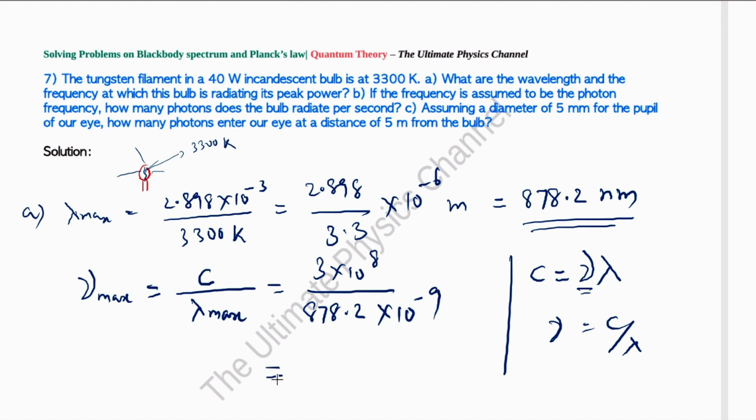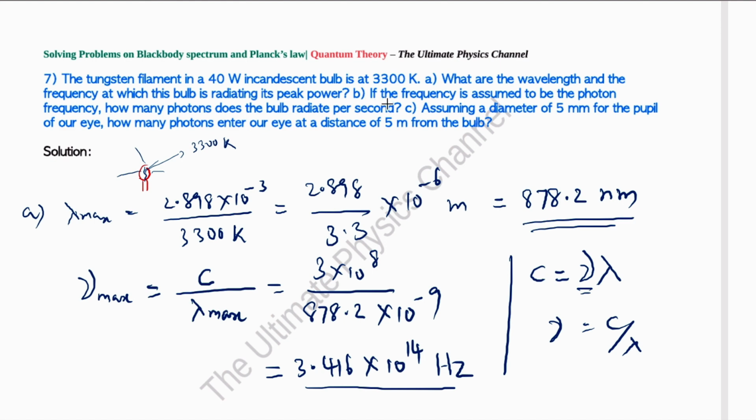If you work this out, you would find that that is equal to 3.416 times 10 power 14 hertz, right? That's the second part of this first question here.